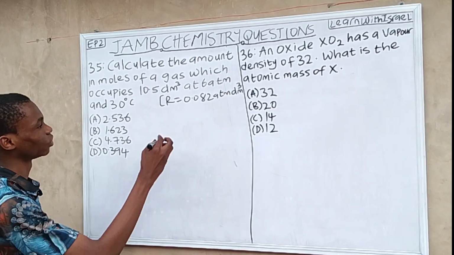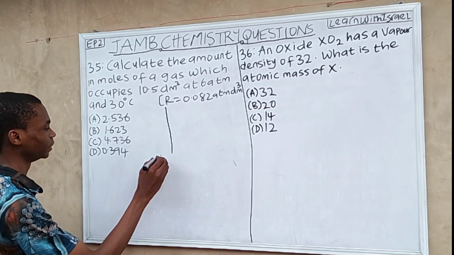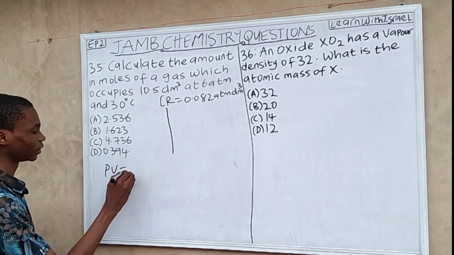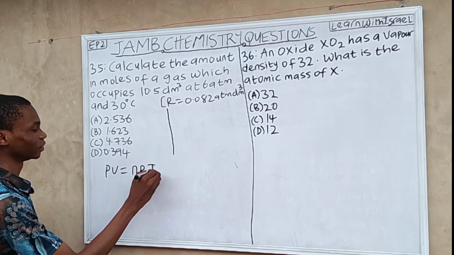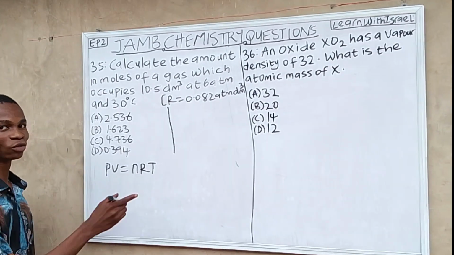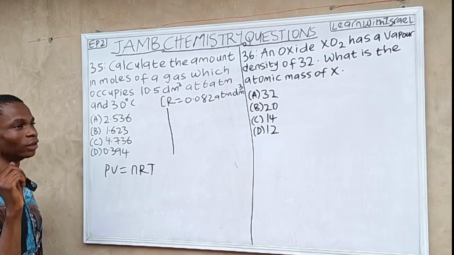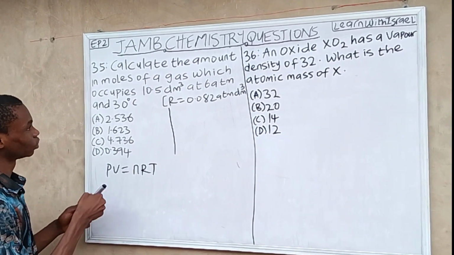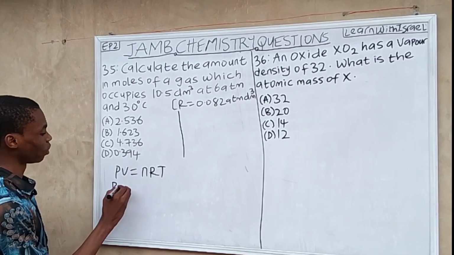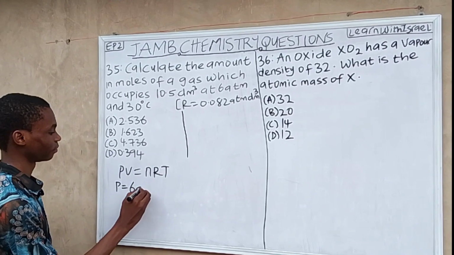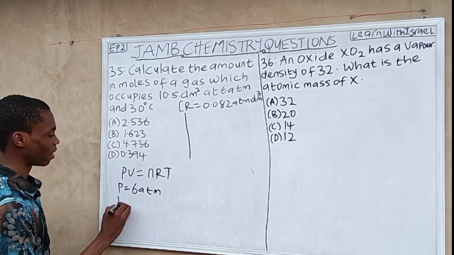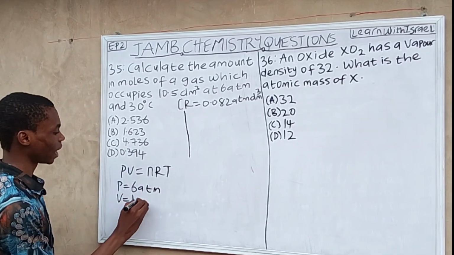And what's our formula to solve? Our formula is PV equals nRT. You solved this kind of question in episode 1, and if you need more examples, check episode 1 and watch the video. So what's our P? Our P equals 6 atm. Our V equals 10.5 dm cube.